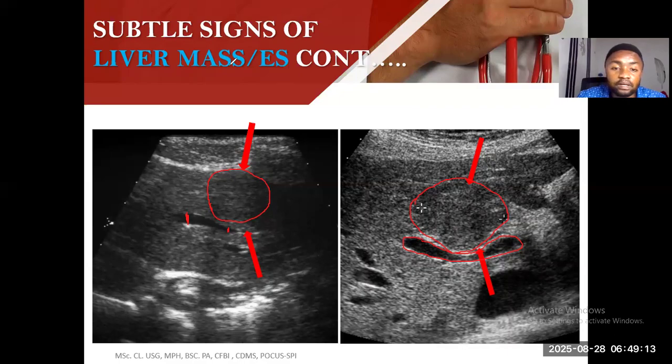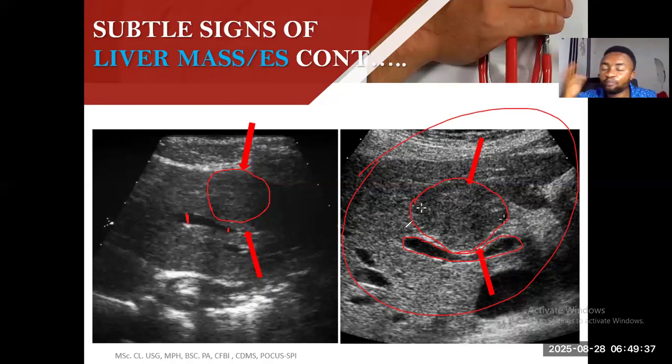Yes, the linear probe can view these things, but of course, the linear probe will make it look so big. If you don't take care, you may not appreciate it. With a mass like this, you may think it is normal liver tissue. So it's better you always utilize both probes. First, you have to use the curvilinear.